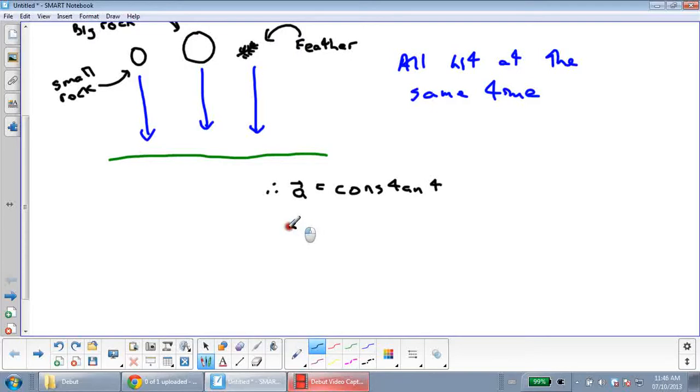Here on Earth, it turns out experiment and math both independently tell us that the acceleration is 9.8 meters per second squared, and that is always down.